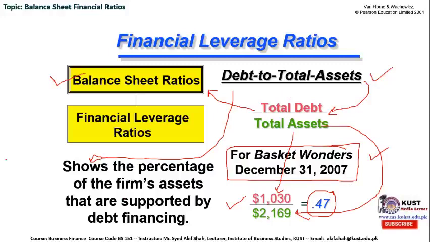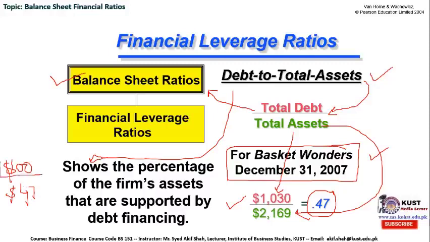Let's suppose the company has $100 worth of assets. Then out of this $100 worth of assets, $47 worth of assets were financed from debt instruments, from bondholders, or from any other notes payable or loans obtained from any depository institution.